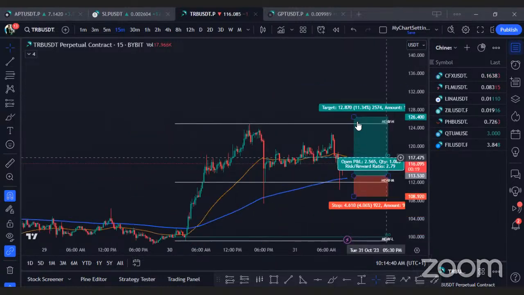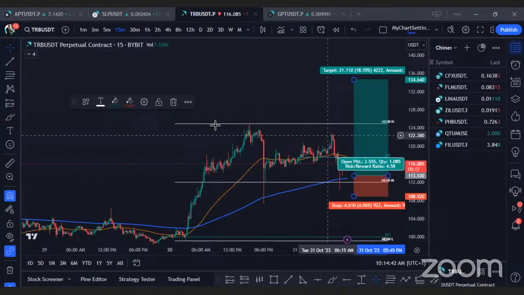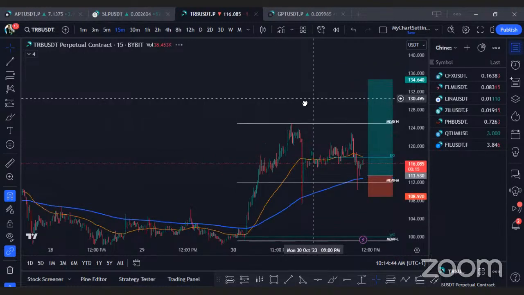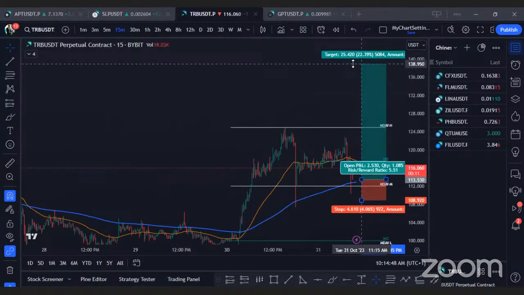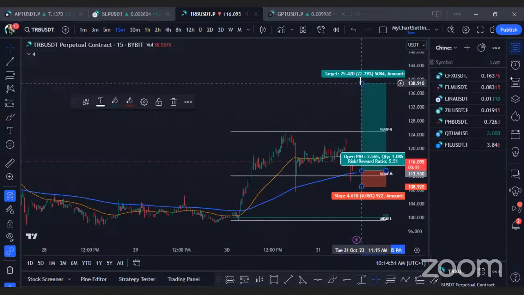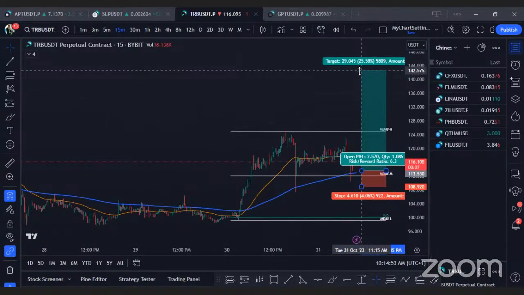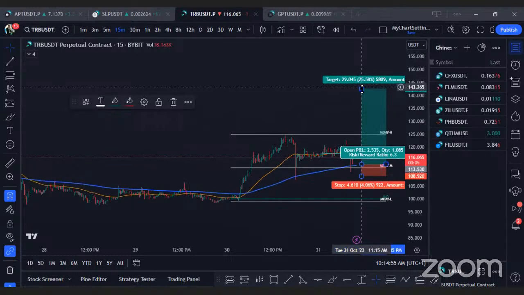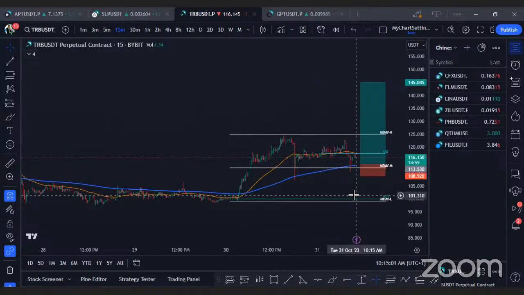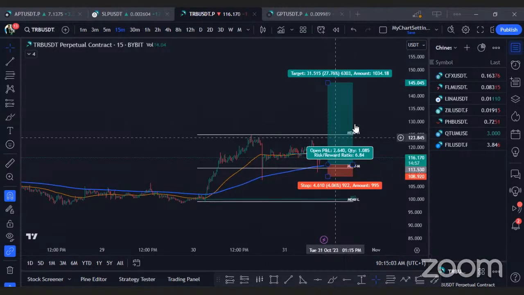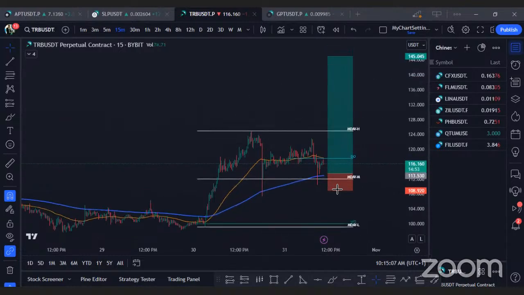If you're able to hold, 120 will be your first TP, and then 145 will close. I don't know why 145 is in my mind. Can this thing actually get to 145? So let's look at 145. If we do get 145, fine. That will be a 1-to-6 risk reward ratio.